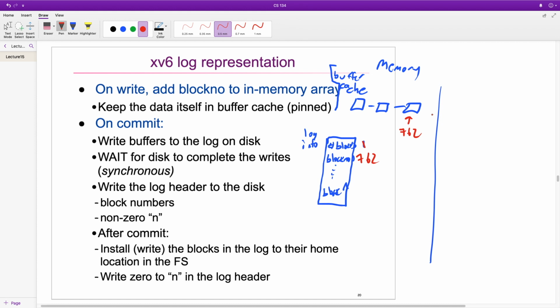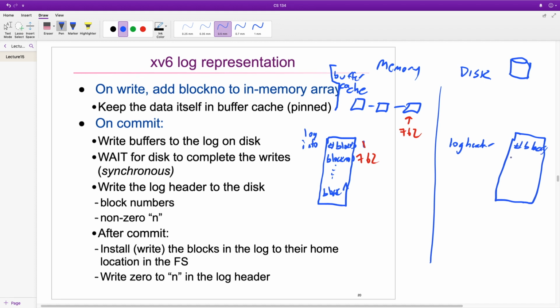And then we have our disk. Disks are typically represented like this because they used to be big washing machine type things. So this is on disk, and on disk, we have something fairly similar to the log info. We have a log header, which contains the same information: the number of blocks, the first block number, the second block number, however many blocks we say.